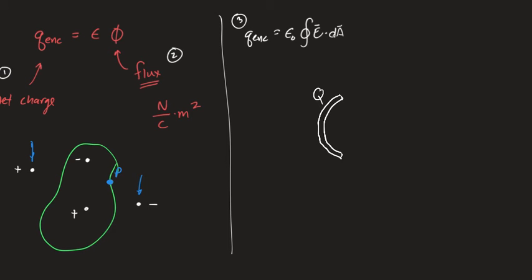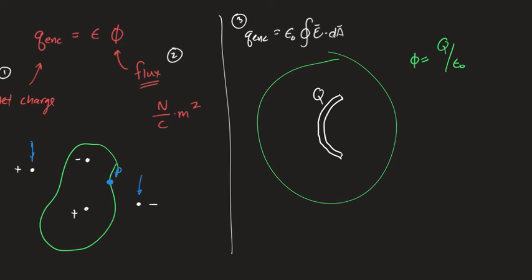I mean, Gauss's law still applies. There is a Gaussian surface that I can place here that will tell me how much flux this bar produces. Q enclosed equals epsilon times the flux. So if I wrap a surface around it, I can tell you how much flux there is.